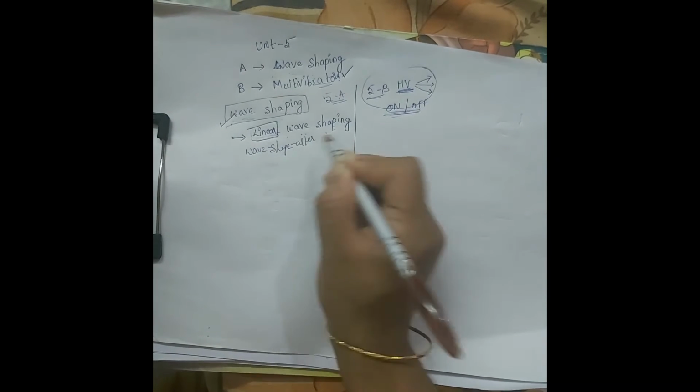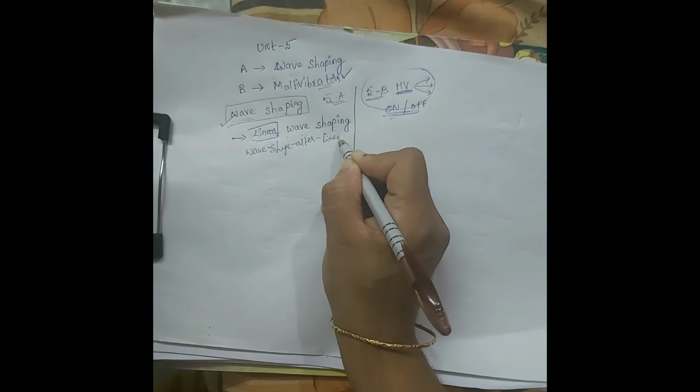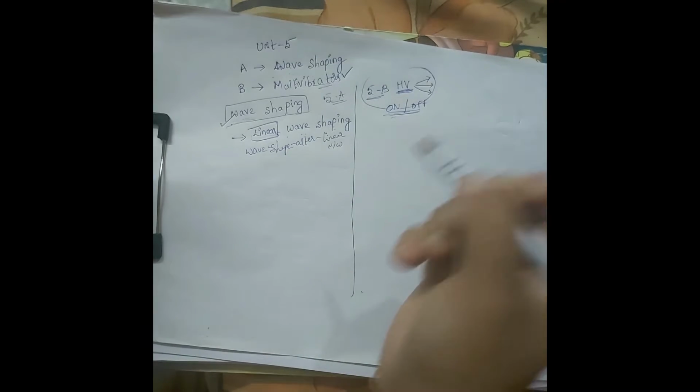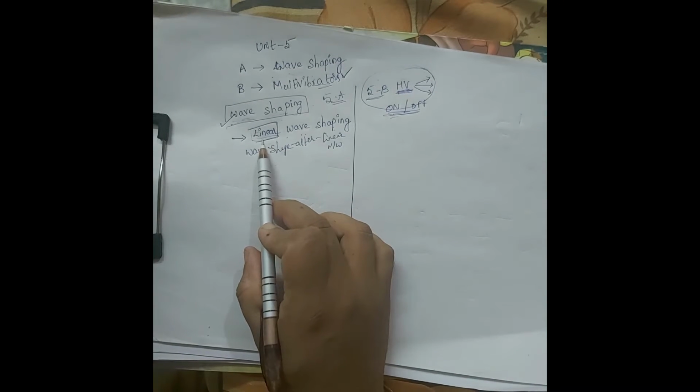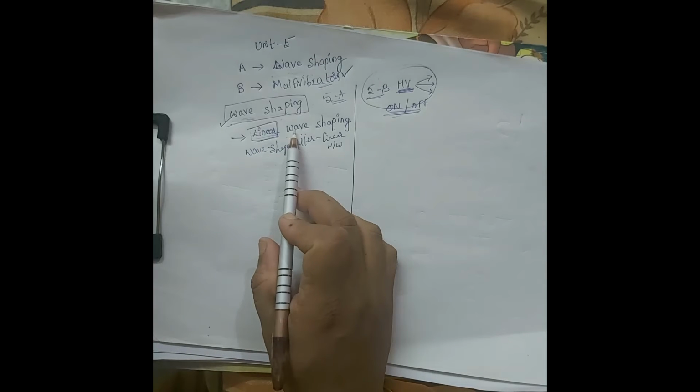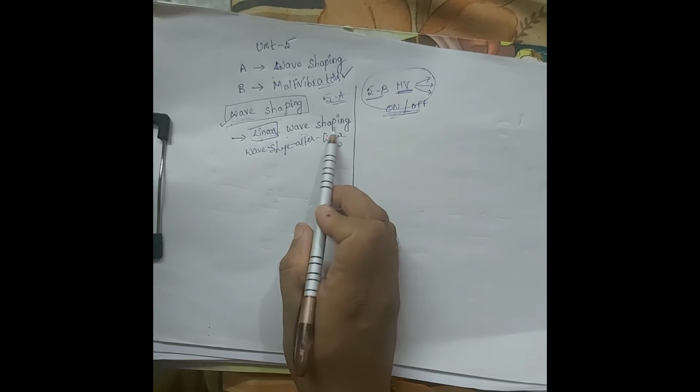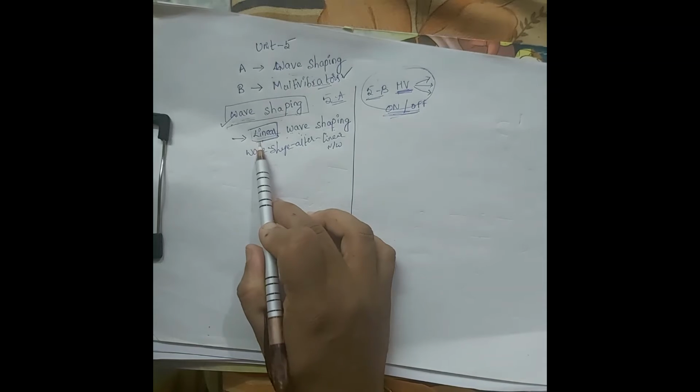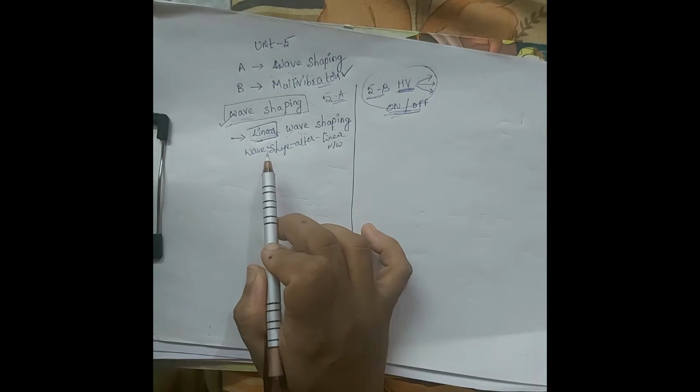So the definition of linear wave shaping will be the process of alteration of the shape of a waveform by means of a linear network is called linear wave shaping.